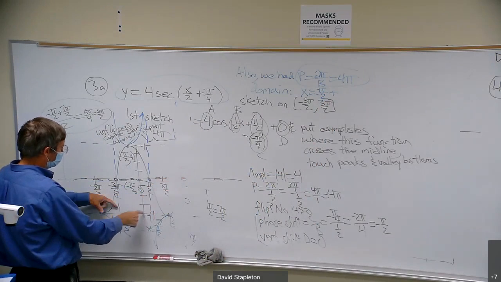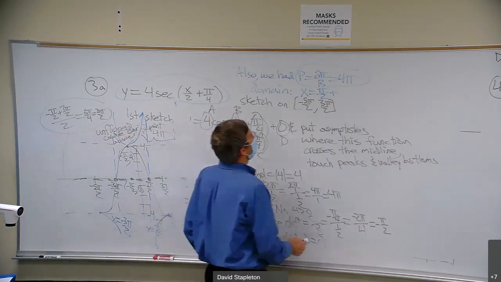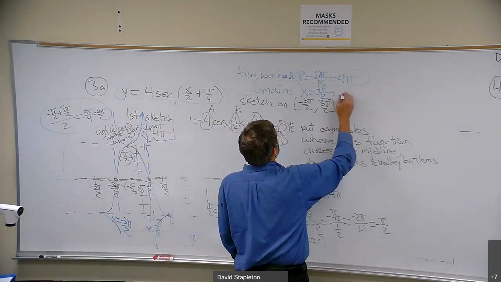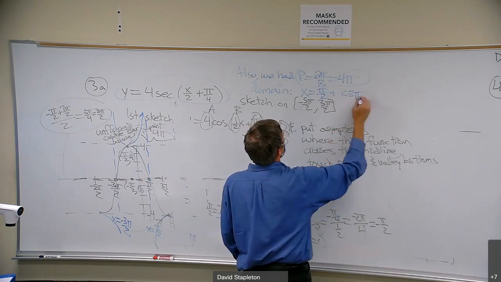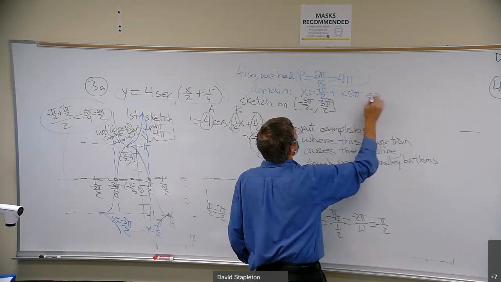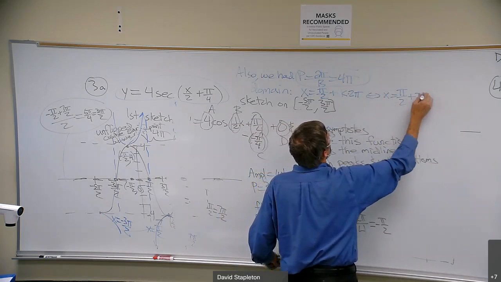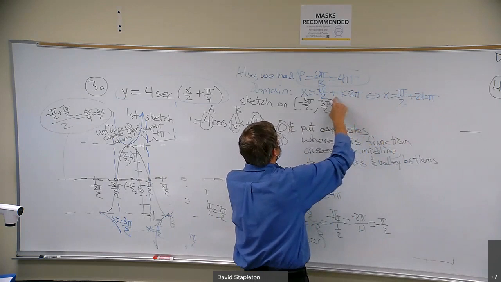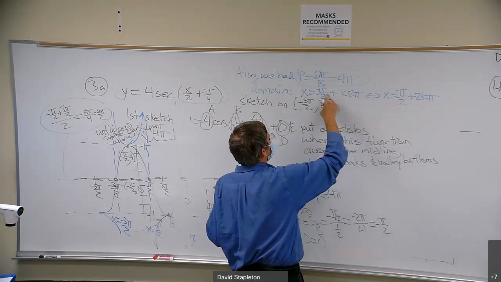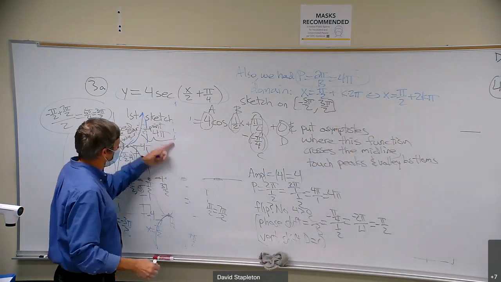So the asymptotes are 2 pi apart, and so I've got pi over 2 plus k times 2 pi, or 2k pi would be better, the way it's usually written. But for the secant, it's any asymptote you want plus k half periods, because there's an asymptote every half period.